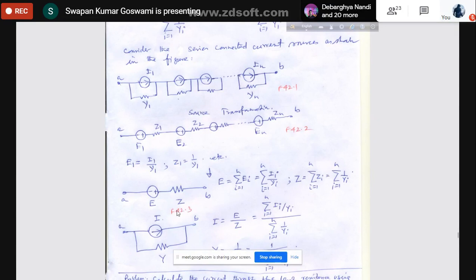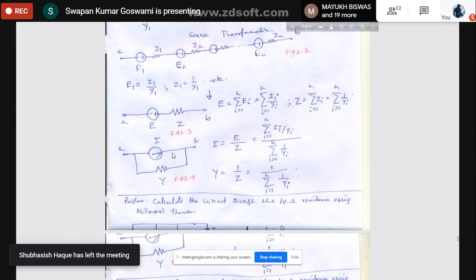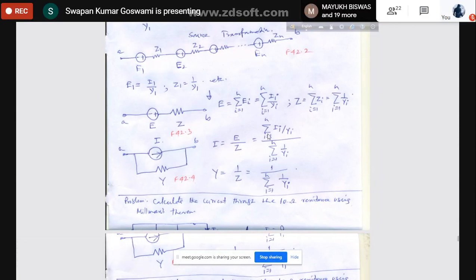This voltage divided by this impedance will be the current, so I is E by Z. Put the value of E and the value of Z, and Y is 1 upon Z. This is how you can convert a number of series connected current sources into a single current source with the value I equal to the summation over i from 1 to n of Ii by Yi, where Yi is the parallel admittance of each source, divided by the summation over all sources of 1 upon Yi, that is, the impedances of all sources summed. So this is Millman's theorem.